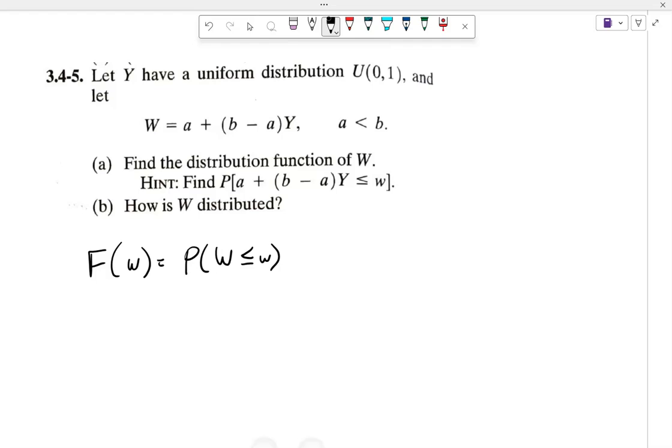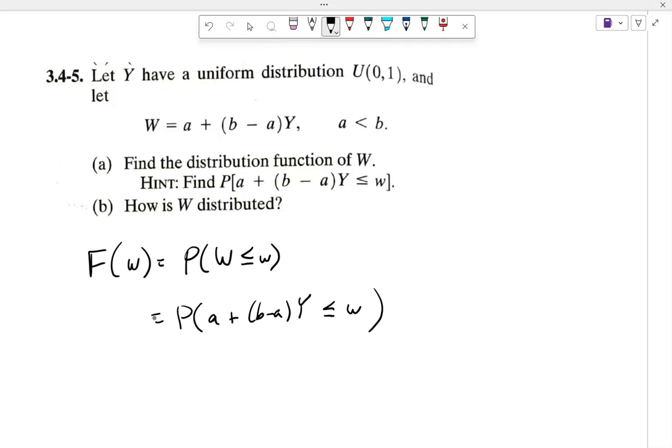We know what W is in terms of Y. So I just replace it. So just writing down what W is in terms of Y. I know what the distribution of Y is, right?